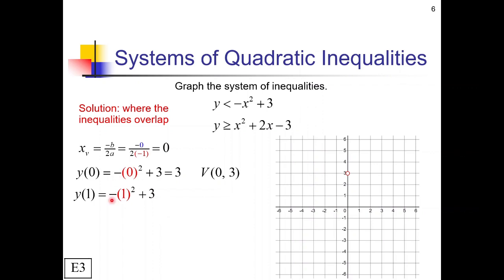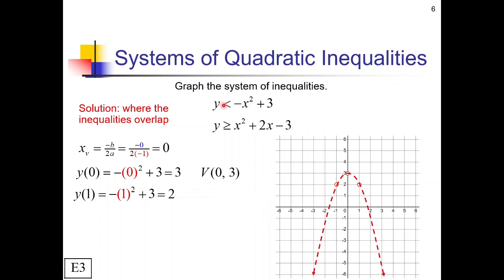So let me do negative 1 squared plus 3, and there's nothing magic about 1, it's just an easy number to plug in. So this is negative 1 plus 3, or 2. So that gives us the point 1, 2 right there. And then I can just reflect that over my axis of symmetry to get my third point at negative 1, 2. And then a dashed line through those open dots.